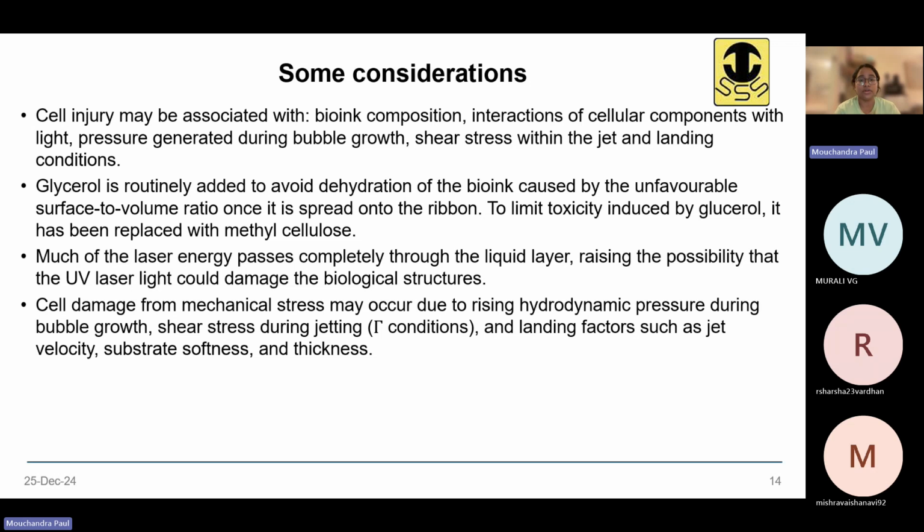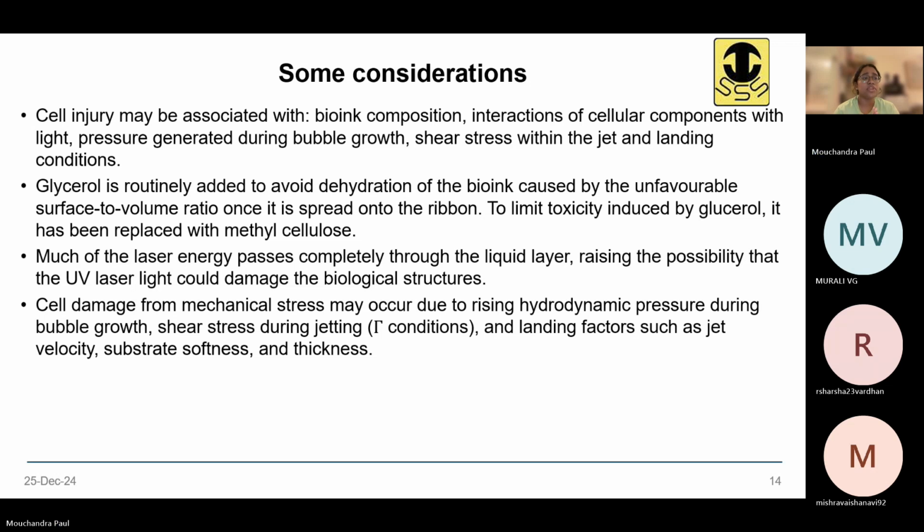Next, I'm going to take a paper where they are optimizing some of the processing parameters of this technique, light-assisted bioprinting. They are going to show us how to do the optimization, how to consider one parameter at a time to find the best parameters for the process.